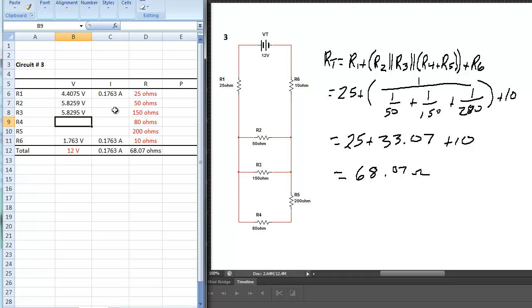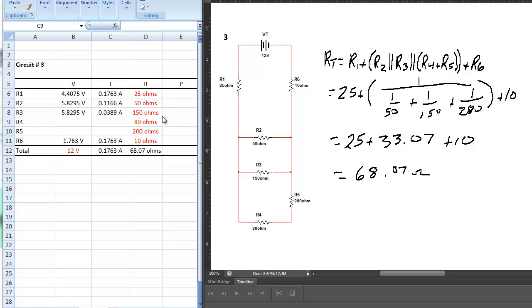From there, you calculate the current going through these two branches, and there again, what do we use? Kirchhoff's law. The current going through here minus that current will be what's left over for I4 and I5. Okay, so finding I2, V2 over R2, and by the way, I had swapped a couple numbers here, and I noticed that as I was calculating it, so it is 5.8295, not 59.